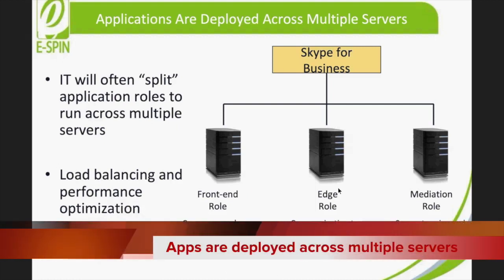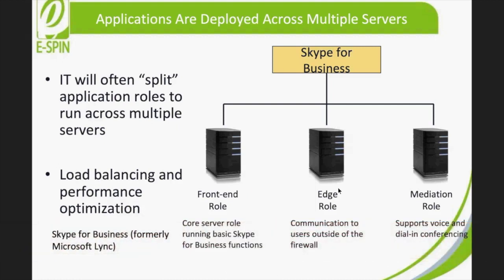Applications are deployed across multiple servers. Here we give another example, Windows technology, formerly called Microsoft Windows. IT will often split application roles to run across servers because it makes it easier for the people doing the same thing across multiple boxes.